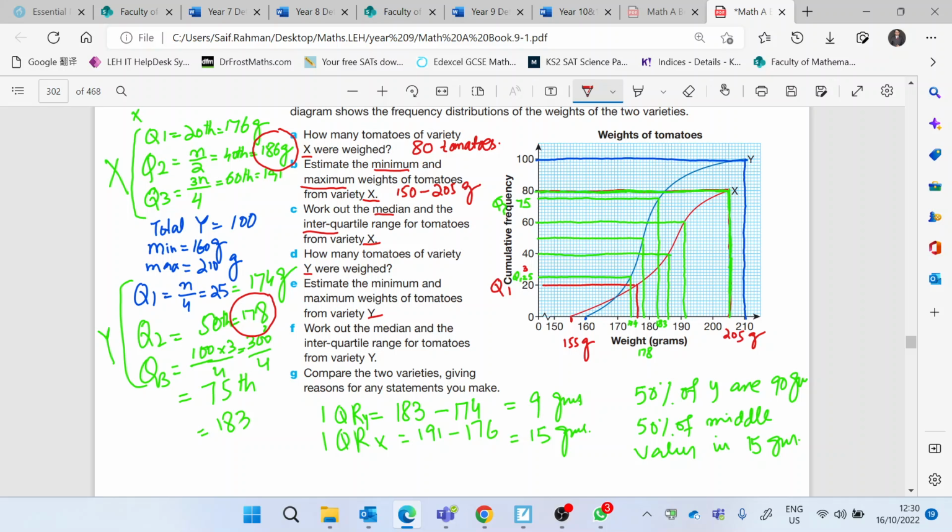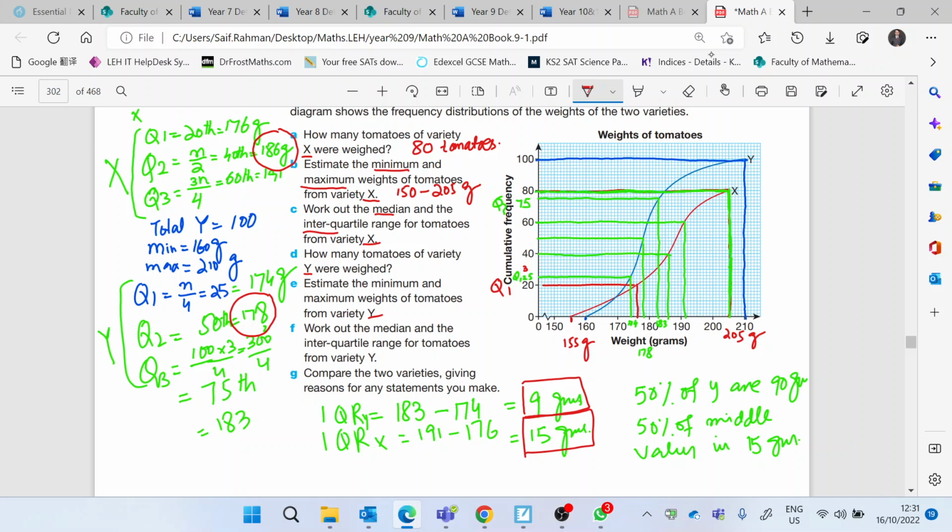So that shows that the X type of tomatoes are overall more heavier, right? But the X ones have a lot of spread in their middle 50%, among 15 grams, whereas the Y ones, their middle value is 178. That's less than the X ones, but their spread is quite less for the middle 50%.